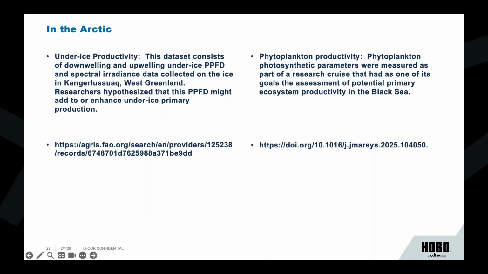Other researchers looked at photosynthetic phytoplankton productivity in the Arctic parts of the Black Sea. So they did a general research cruise, and one of the things they did was look at the photosynthetic light reactions or photosynthetic light availability.